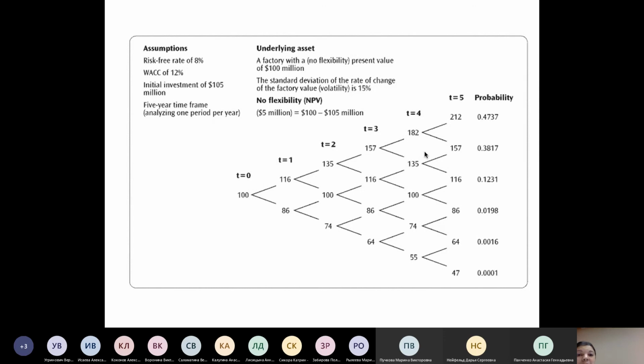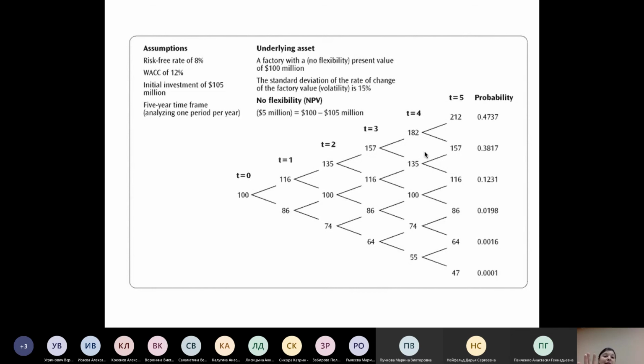In constructing our event tree, we first added the parameter of uncertainty. And now we have to add the parameter of flexibility of the company.